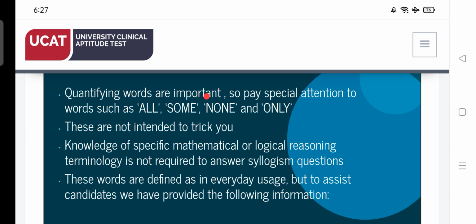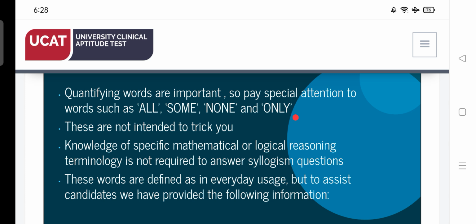Quantifying words are important. So pay special attention to words such as all, some, none, and only. These are some quantifying words that are very important and they are used in some of the questions. Like all, some, none, only, either, neither, like these ones.